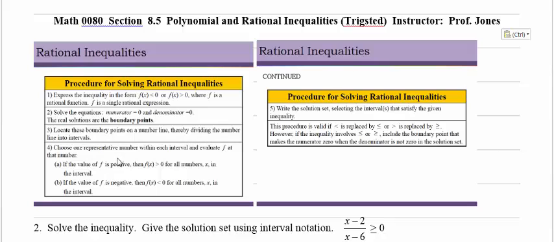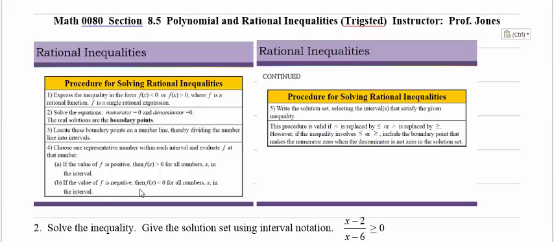We're going to choose a test number, a representative number within each interval, and we're going to evaluate f at that number. And if the value of the function is positive at that test number, then the function is positive for all the numbers in that interval.